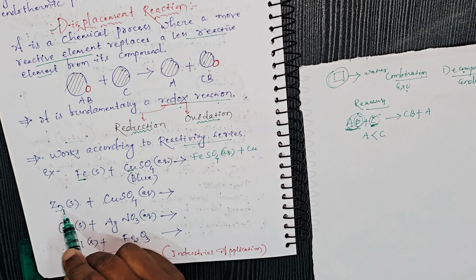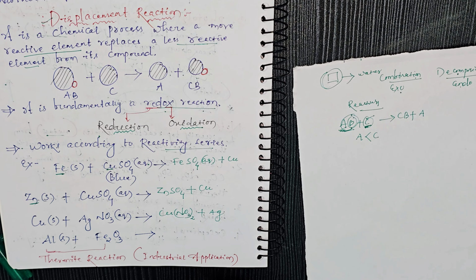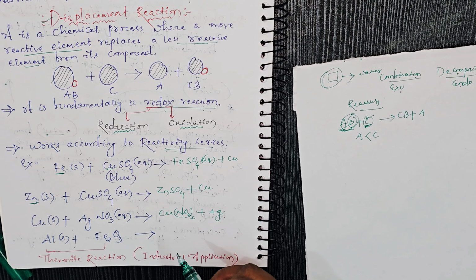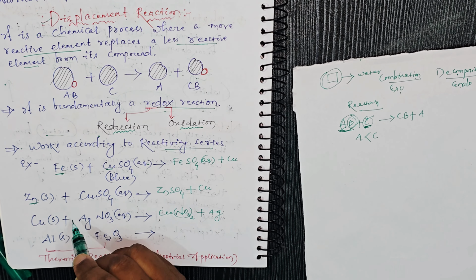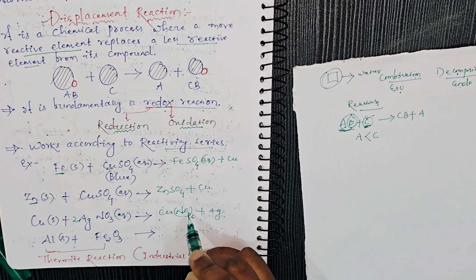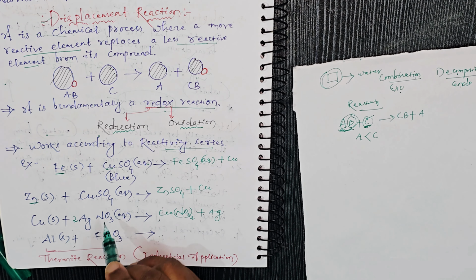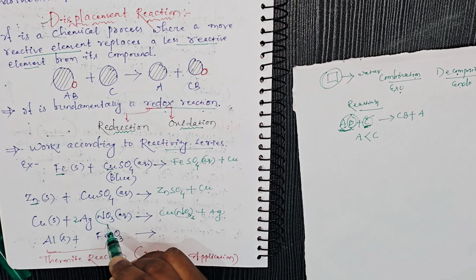Another one, copper plus silver nitrate. It gives rise to copper nitrate plus silver. Last step again, balancing, because the earlier cases were already balanced, so this reaction you need to balance. 2 nitrate, 2 nitrate, 2 silver, 2 silver, 1 copper, 1 copper.